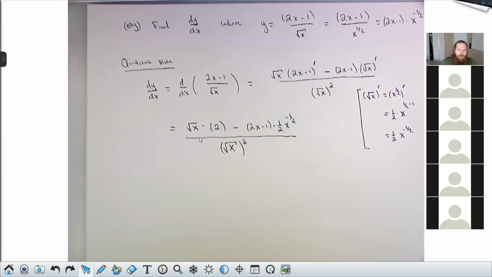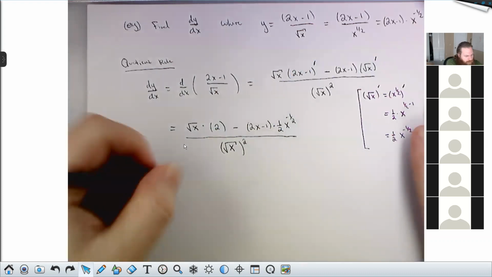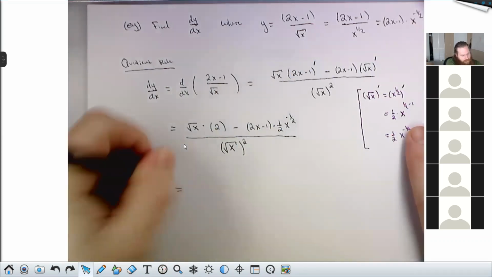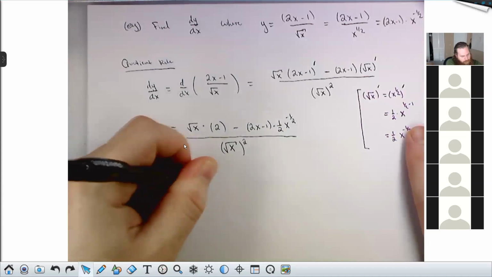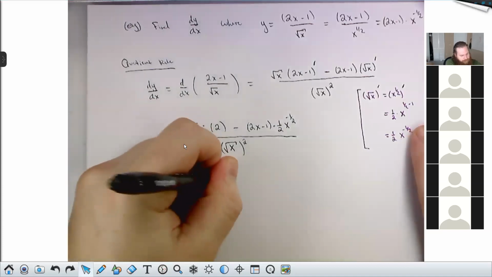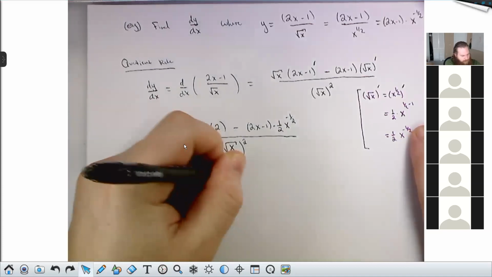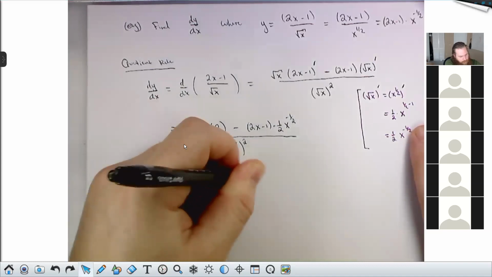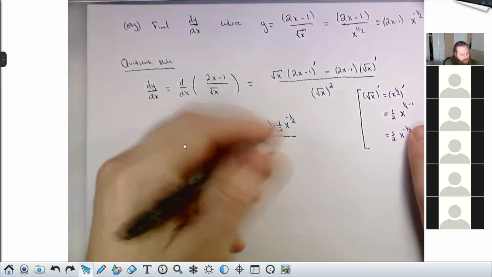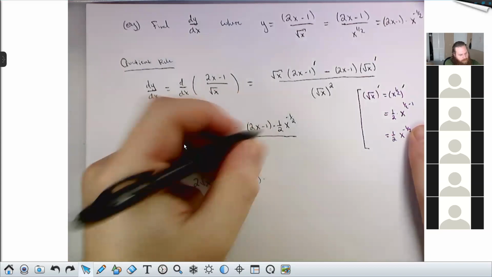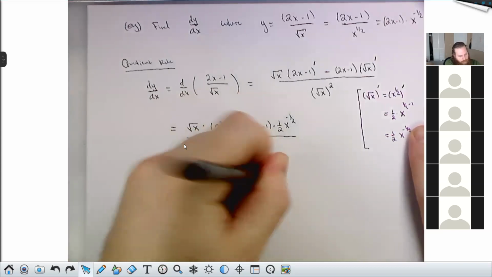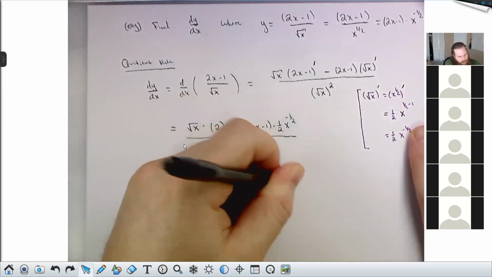I think we'd all agree that this is a little messy looking. Can it be cleaned up? Yes. This first piece is 2 square roots of x, minus the second piece. I've got 2x minus 1 times 1/2 x to the negative 1/2. That's 1 over 2 square root x.